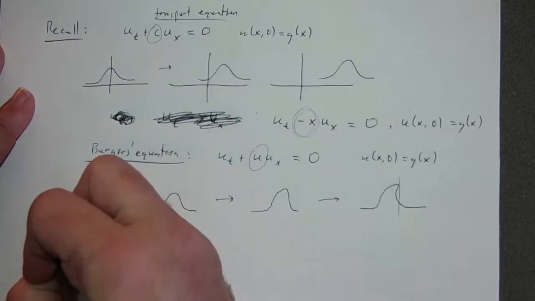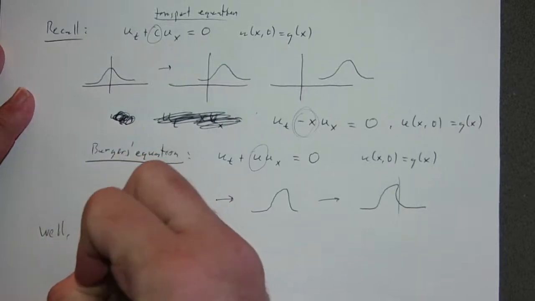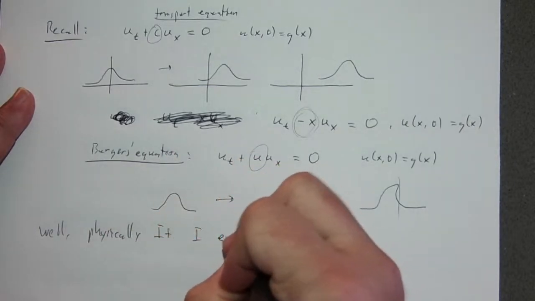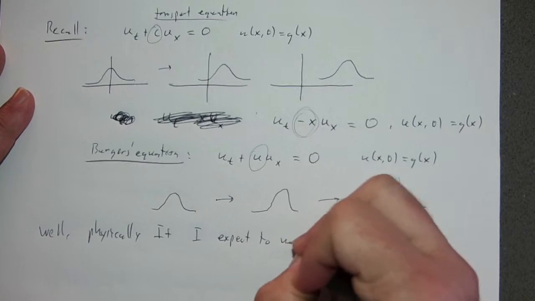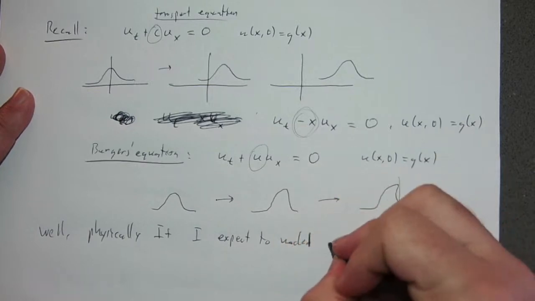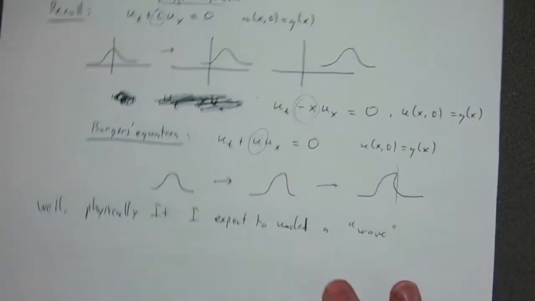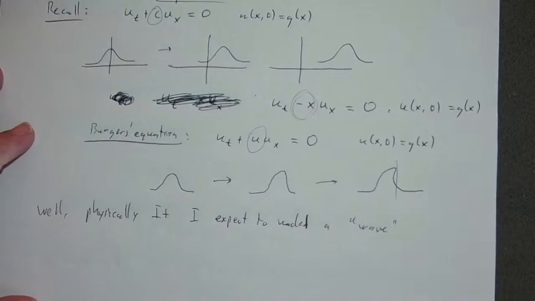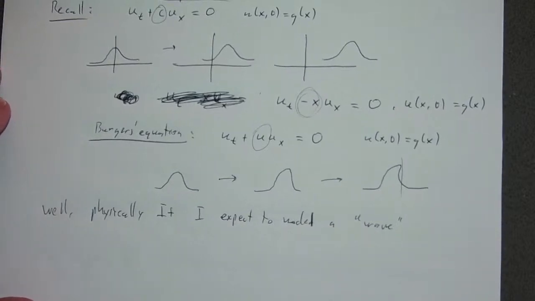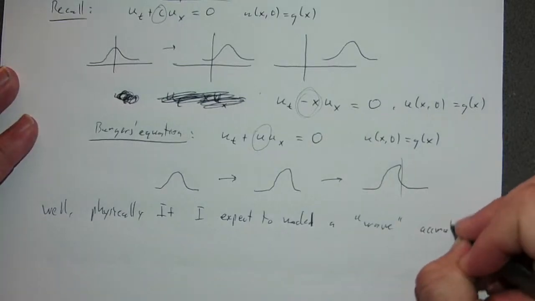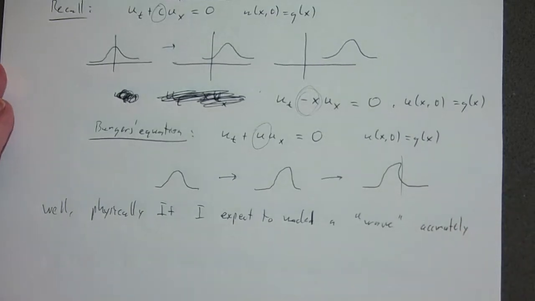Well, physically, if I expect to model a wave or disturbance, like an initial disturbance of my string or my medium, if I expect to model this thing accurately, so I want to involve basically all of physics that I can.